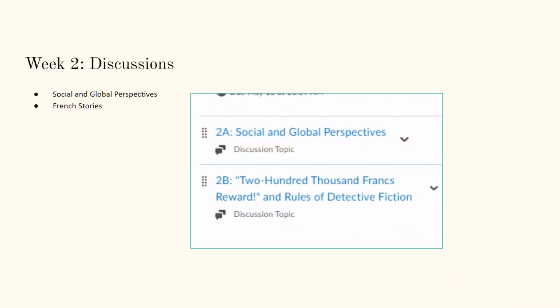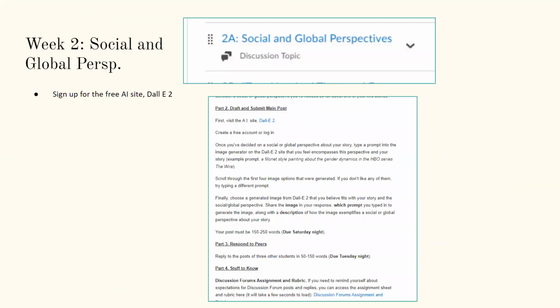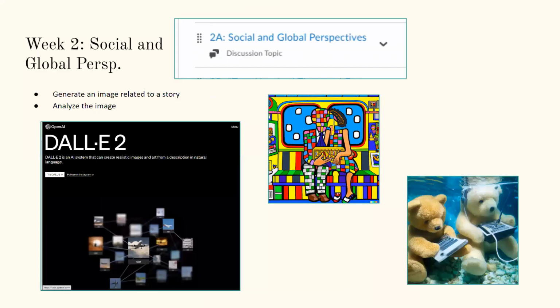You also have 2 discussion posts instead of what I think it was like 3 last week, just 2 this week. The first discussion is placing the university outcomes in practice. So consider a social or global perspective about the story that you chose for project 1. When you do that, access the free AI website Dolly to generate an image related to this perspective.